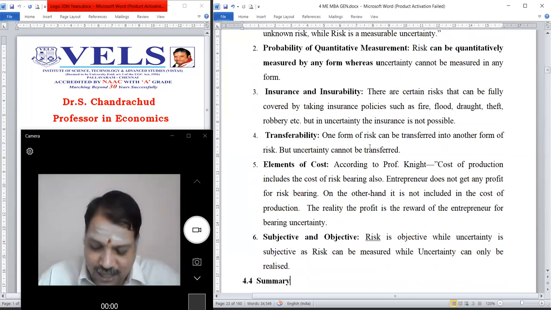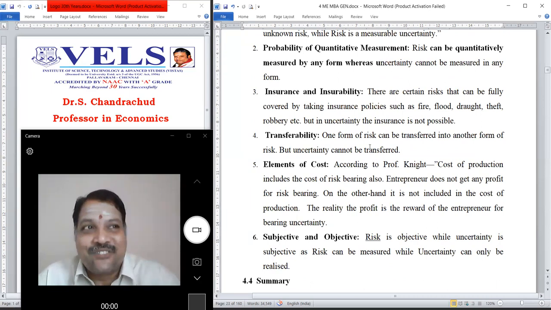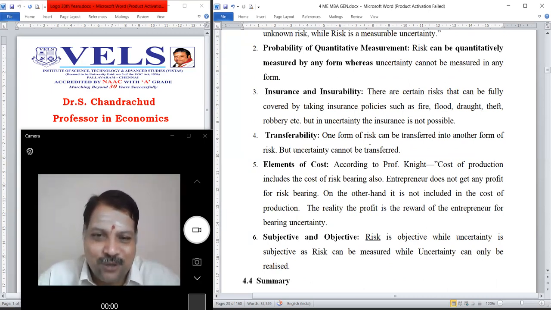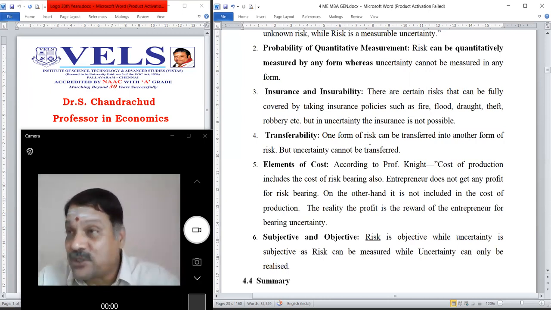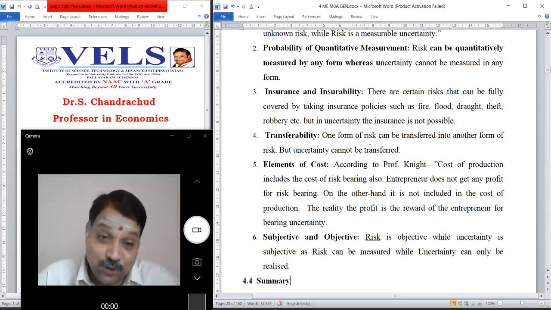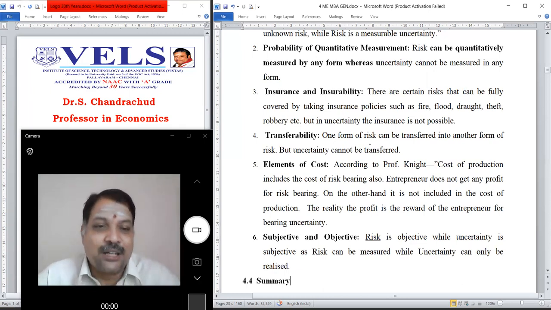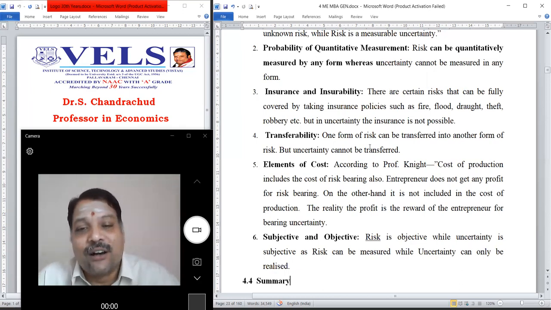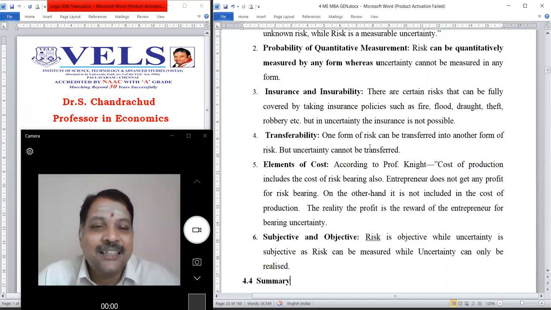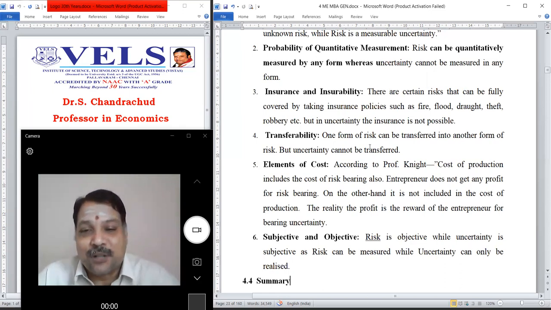The element of cost is a major factor involved in a business. So here we are differentiating risk and uncertainty. Once again, Professor Knight made one statement. The cost of production includes the cost of risk bearing also. The entrepreneur does not get any profit for risk bearing. On the other hand, it is not included in the cost of production.